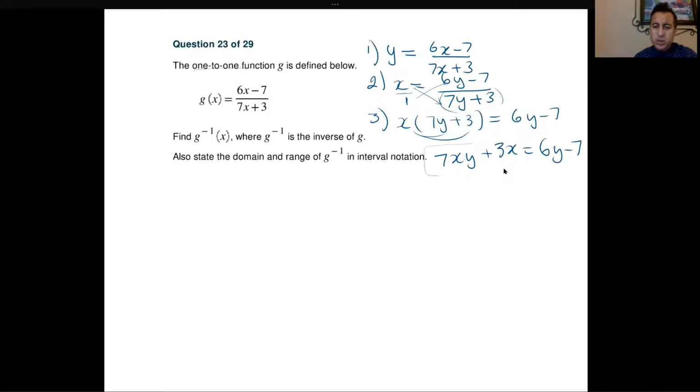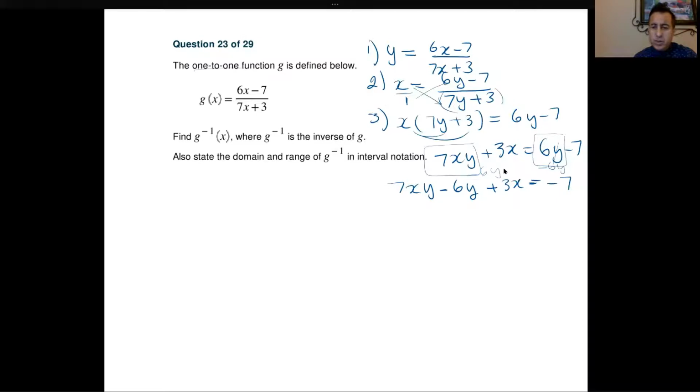Since we're interested in the y terms, we need to have them together. So from 7xy, we subtract the 6y on both sides. Then it becomes 7xy minus 6y plus 3x equals -7.